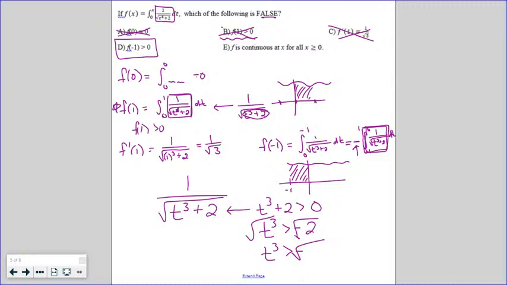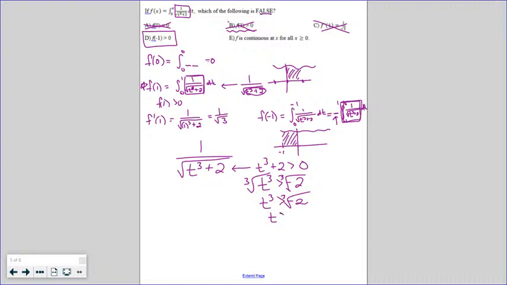Okay, so I don't know why I put square root before. So if they're telling us that t is greater than 0, then it's obviously greater than the cube root of -2. And so that would be a true statement. It's continuous for all x greater than 0.